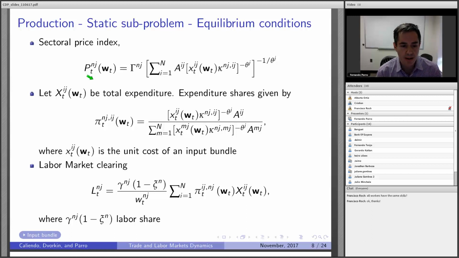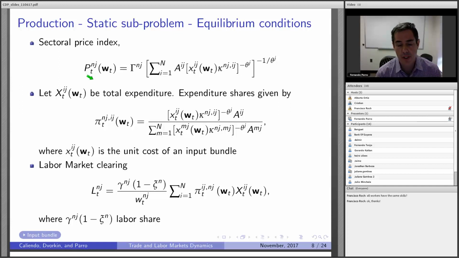So this slide doesn't have new things. It's more or less standard in the context of recent quantitative trade models. The first equation describes the price index in labor market NJ, which is going to depend on X, the cost factors in the destination and origin labor markets.